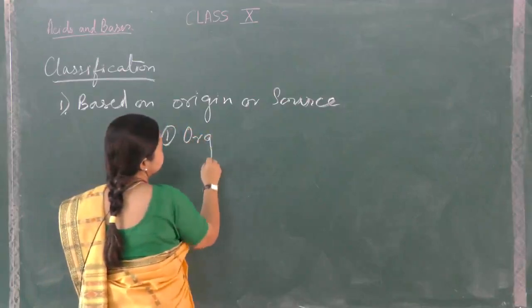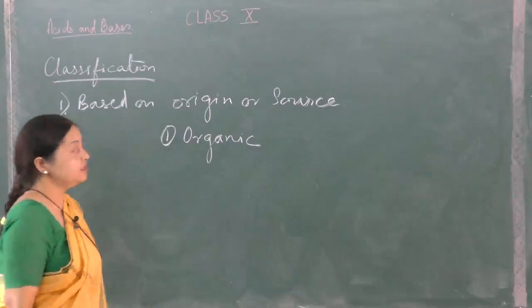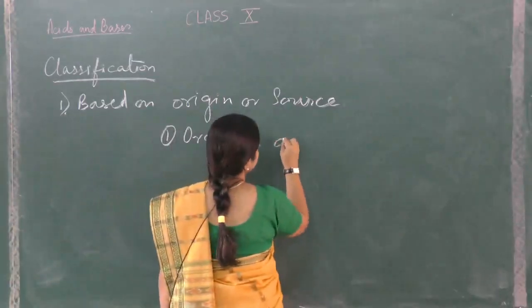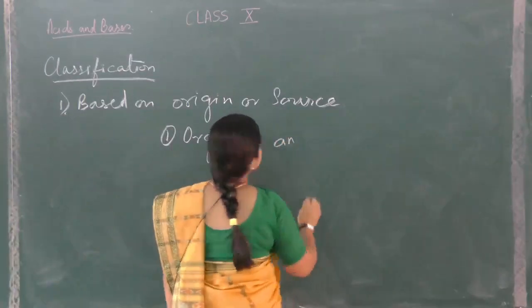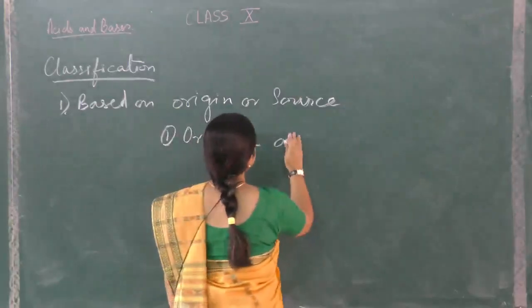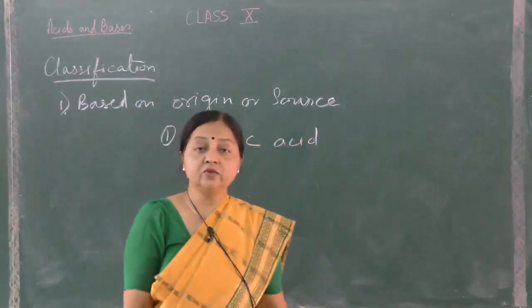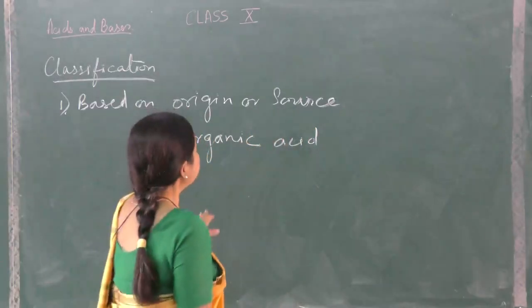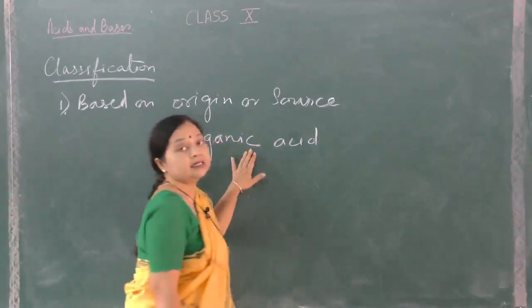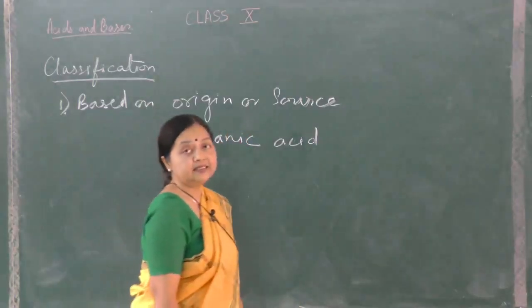Organic, as the name is suggesting, organic acids means those which originate from living organisms, like say formic acid, found in red ants, Formosa it is called. So organic acids like formic acid, acetic acid, oxalic acid, etc.